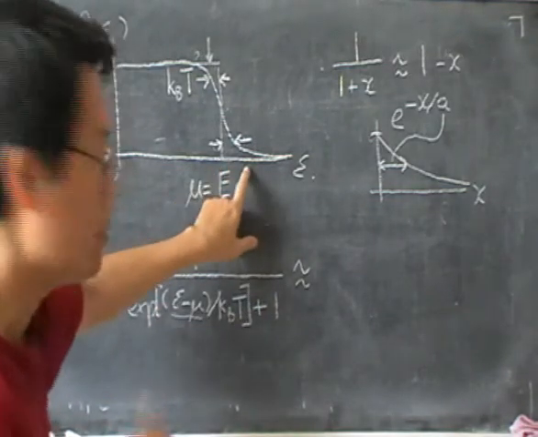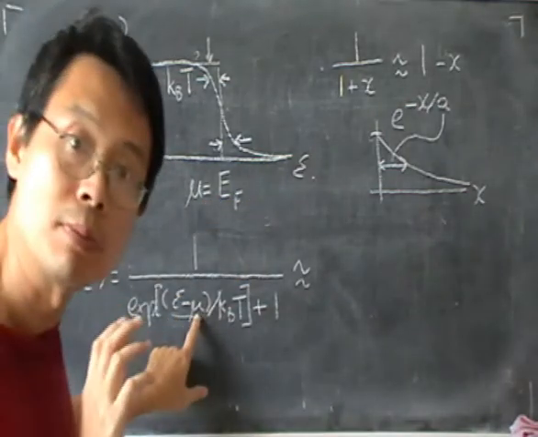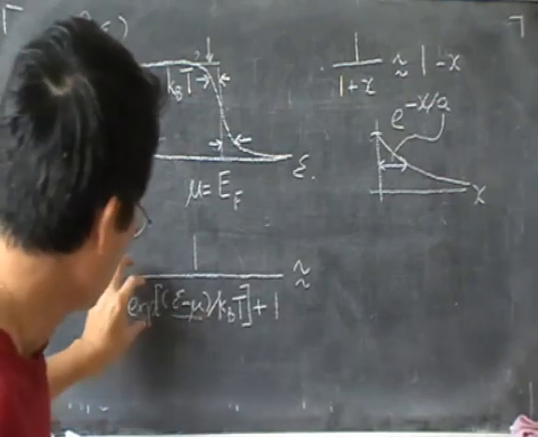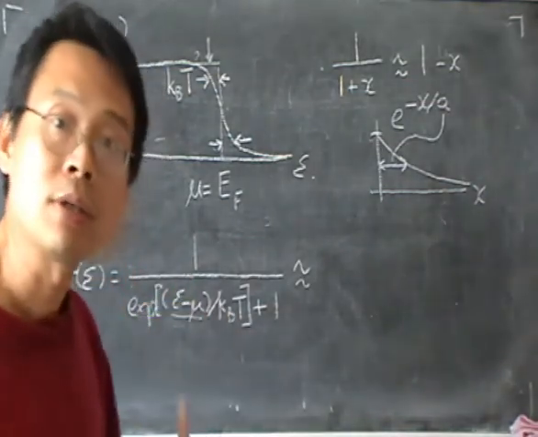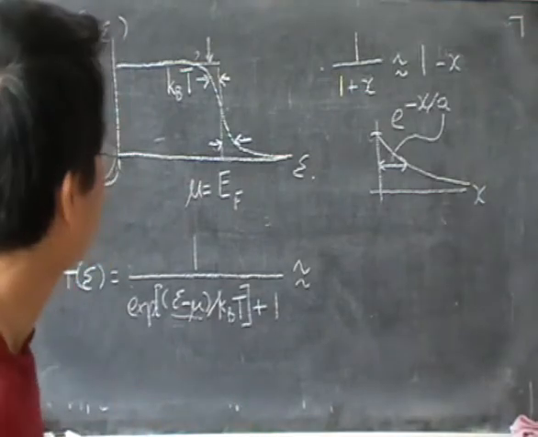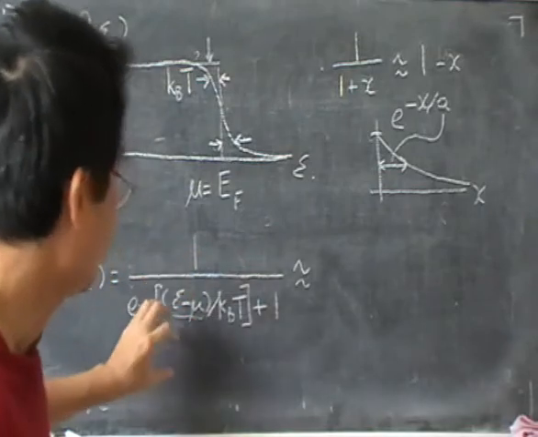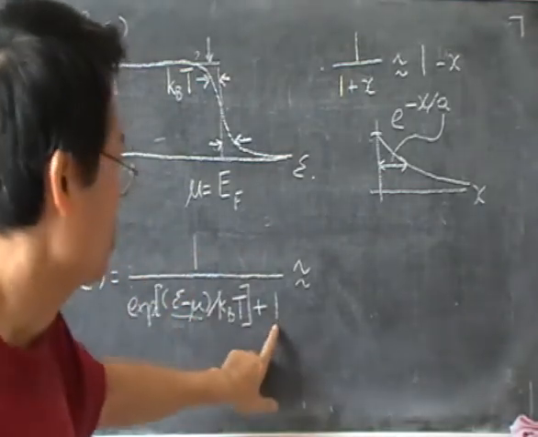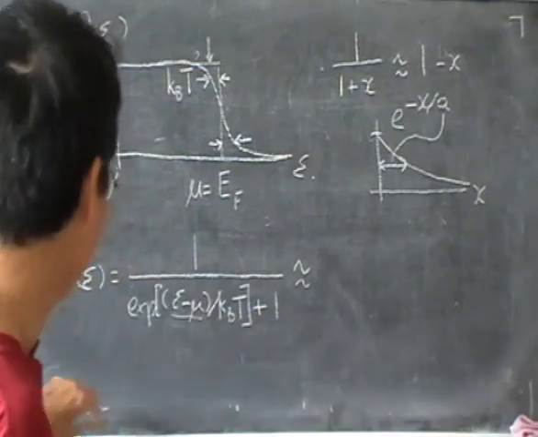When we are above the Fermi energy, E minus mu is more than 0. So we have an exponential with an argument that's more than 0, and it would quickly get very big. So the exponential will quickly get a lot larger than 1. Therefore, I can neglect the 1.